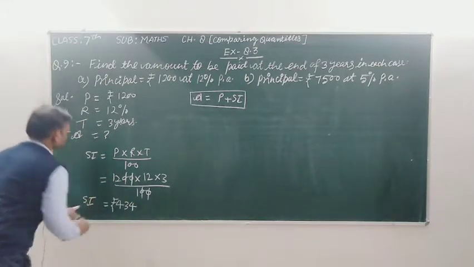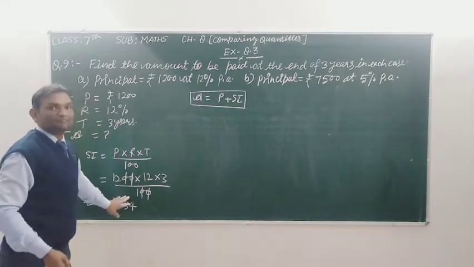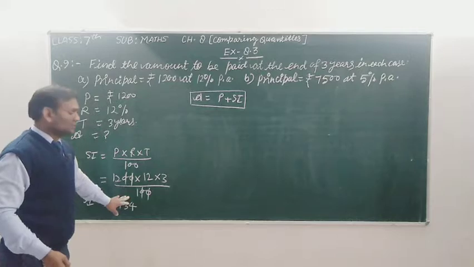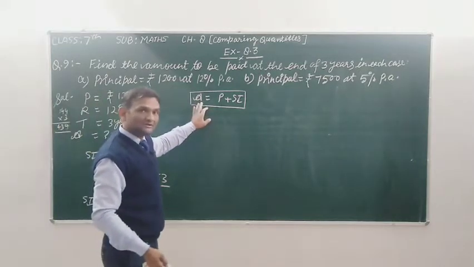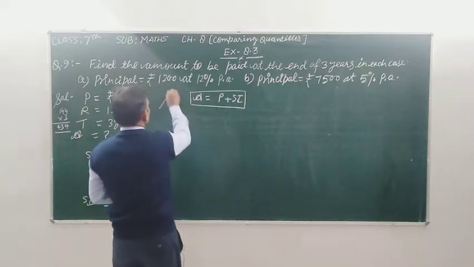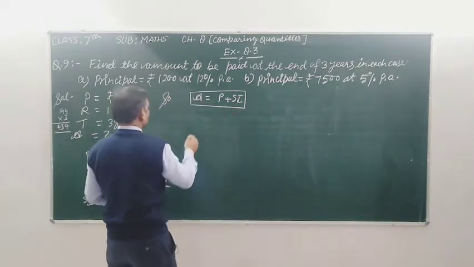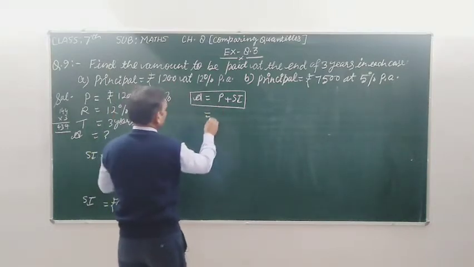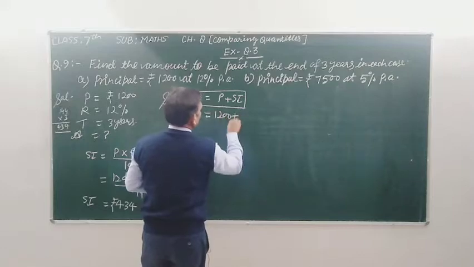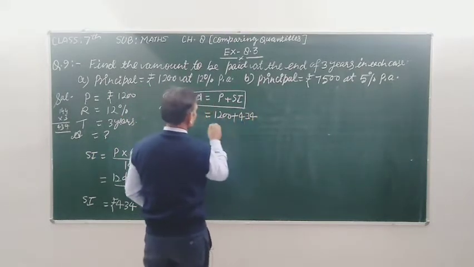This is SI. Now student, you have found out SI. So by this SI you can find out the amount easily. So amount A is equal to P plus SI, and put the values in this formula. P 1200 plus SI is 434.